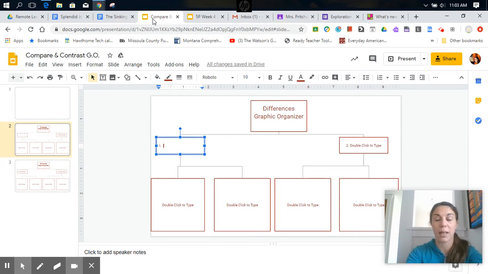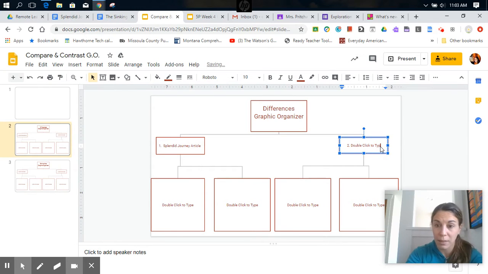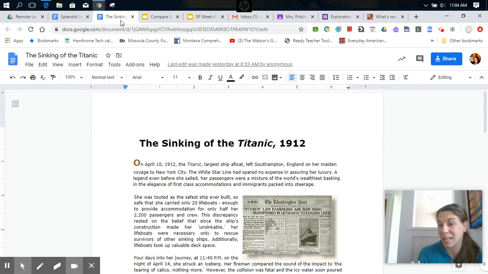So I'm going to go back, and it's okay if you just put Splendid Journey article. Okay, and then the other one, so you're going to click in that box. And then the other one was titled, so I'm just kind of erasing that, The Sinking of the Titanic 1912.